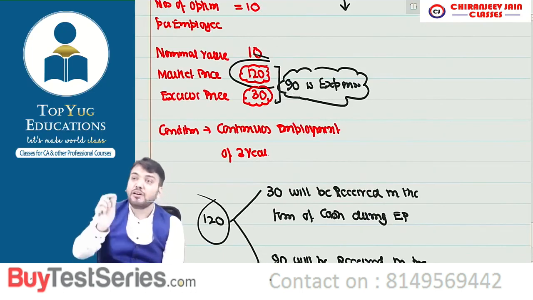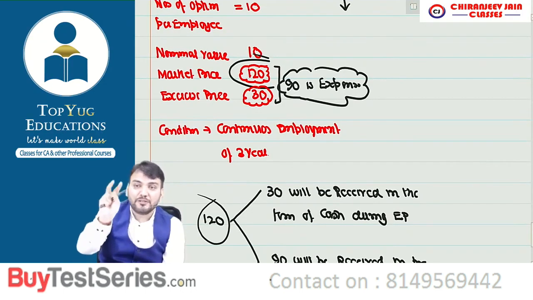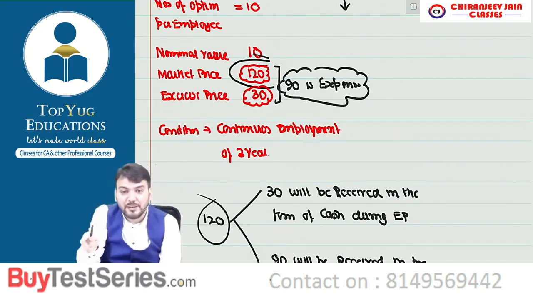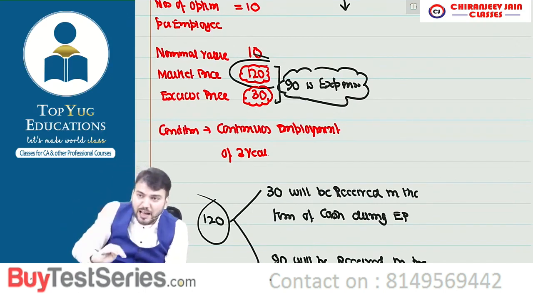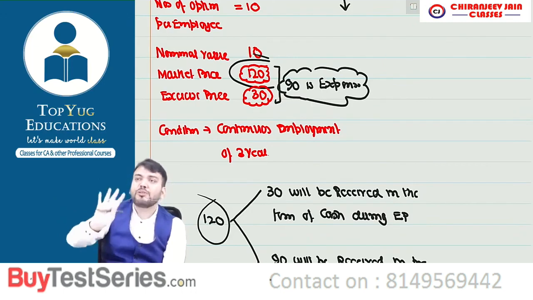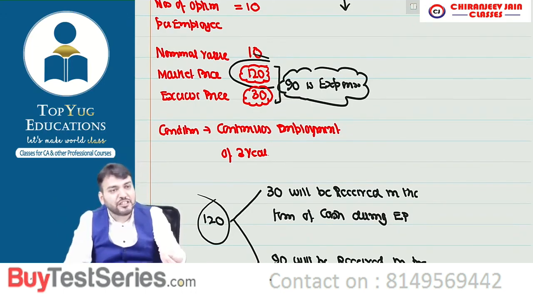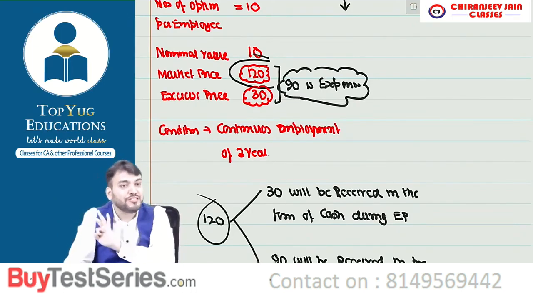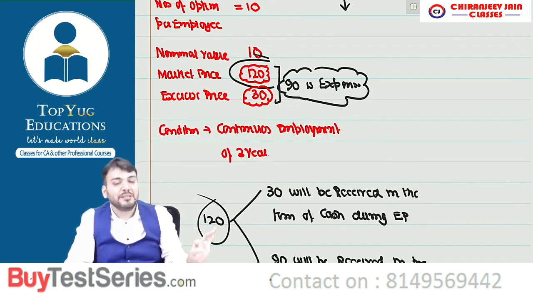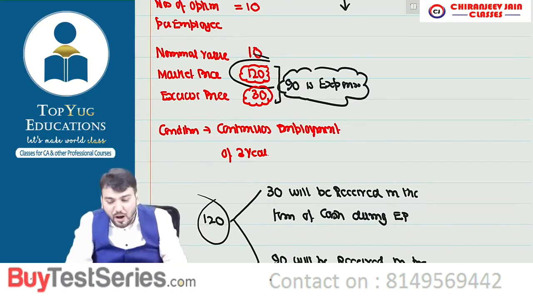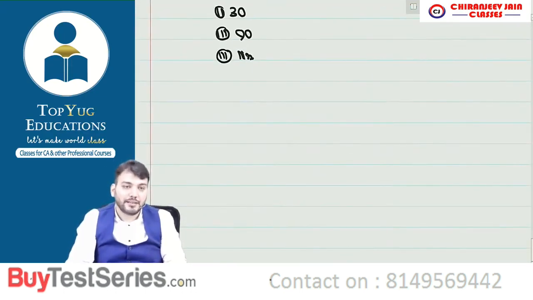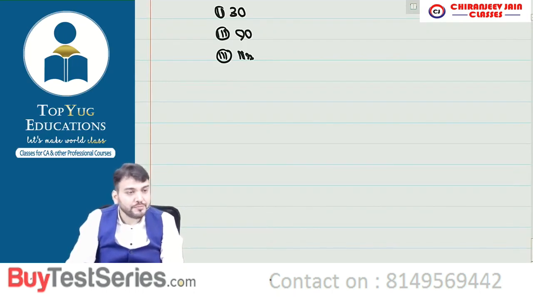The consideration is received in two forms, some in cash and some in services. So cash received 30, service 90, total value 120, and in exchange I have given equity shares to the employee. So this is not at all at discount. Entire value has been received from the employee. Understood? Have you understood?